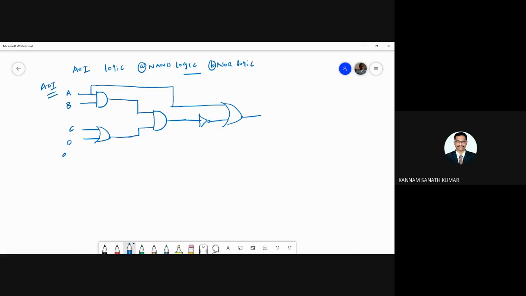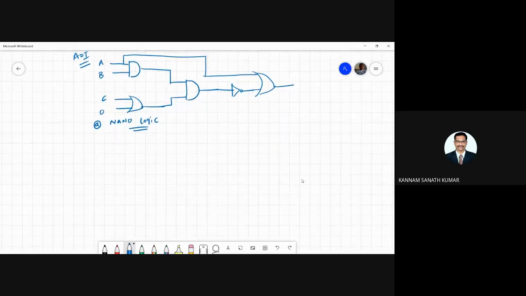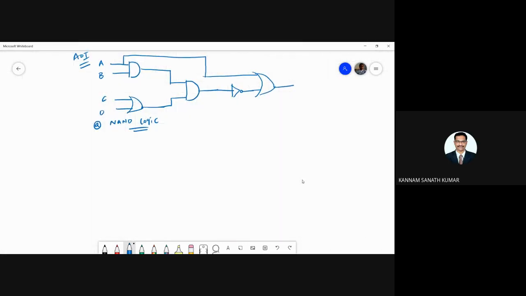This AND-OR-invert you need to convert first to NAND logic. All the gates should be NAND gates. What is the procedure? If it is an AND gate, you add the bubble at the output side, and if it is an OR gate, you add the bubble at the input side.